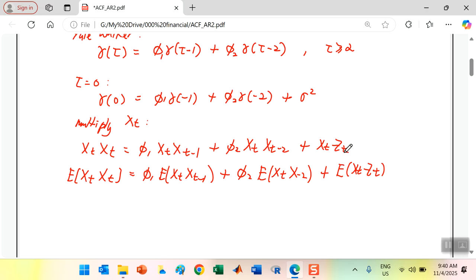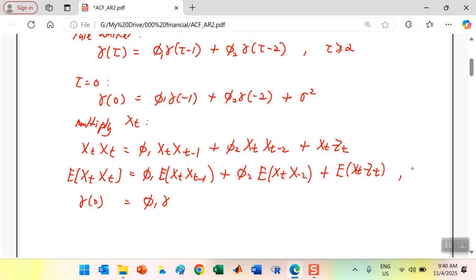In this way, xt and xt have no lag difference, so this will be the covariance, sorry, which is the variance. Then you have lag 1 here, so you have phi 1 gamma 1.